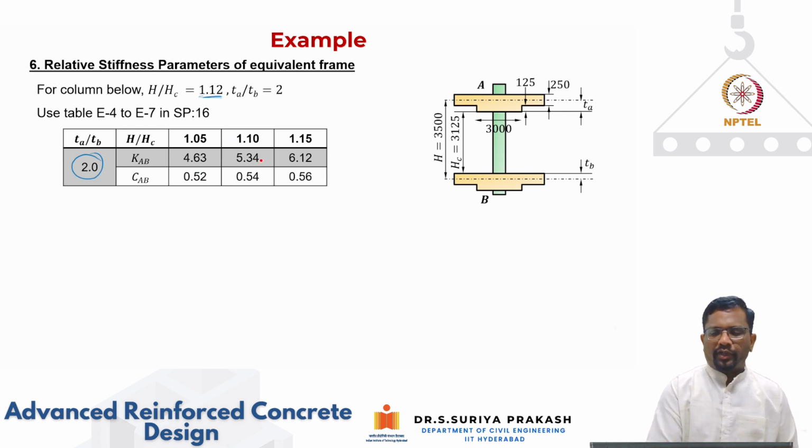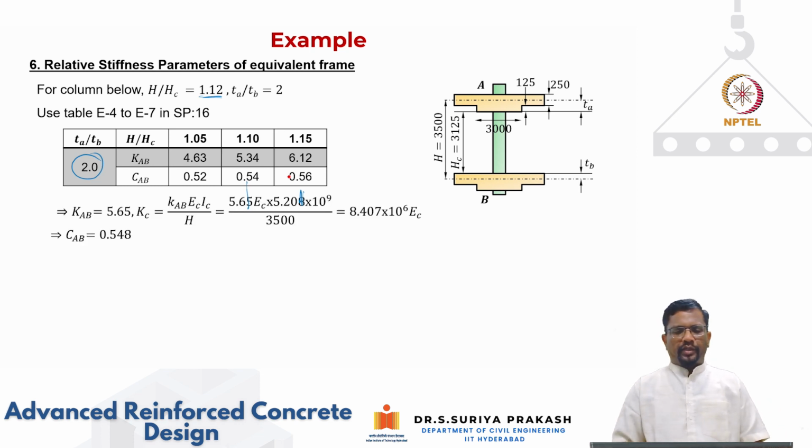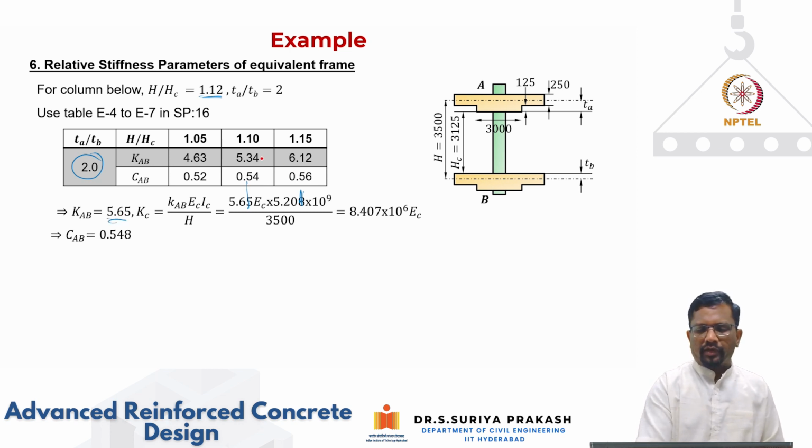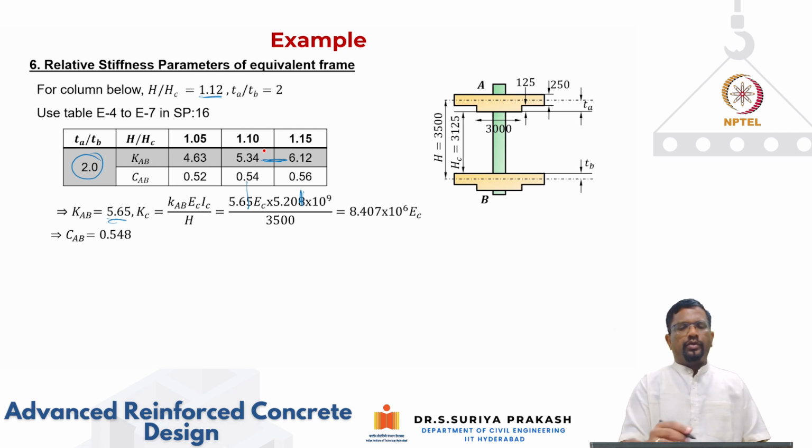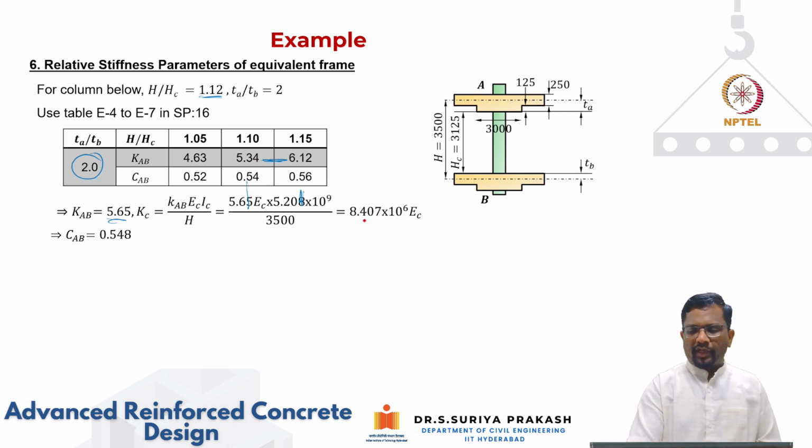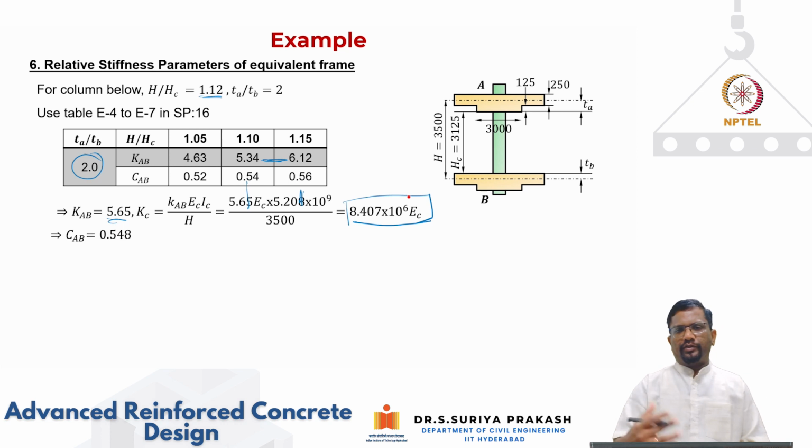So we have to do interpolation between this column and this column, and when you do that, you get the KAB value, from A to B, as 5.65, because it's in between this, right? So it's going to be 5.65. So again, when you substitute that, KAB times Ec times Ic by h works out to be 8.407 into 10 to the power 6. For the numerics, we just plug in the values that we had previously calculated.